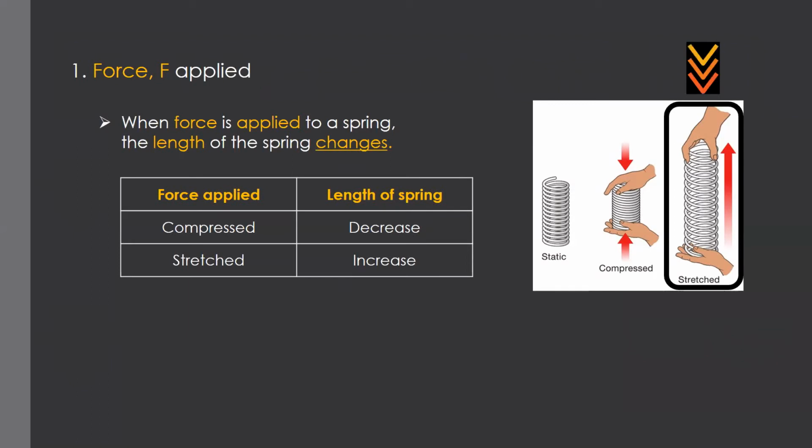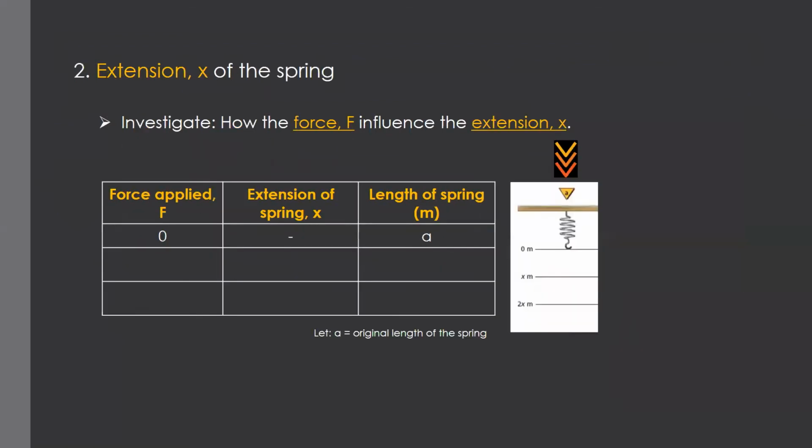So, now we shall narrow down our focus to a spring being stretched. Here, we want to see the extension of a spring, labeled as x, being stretched by a force F. In the picture here is a spring without any load, meaning no force acting on it except the gravitational force.